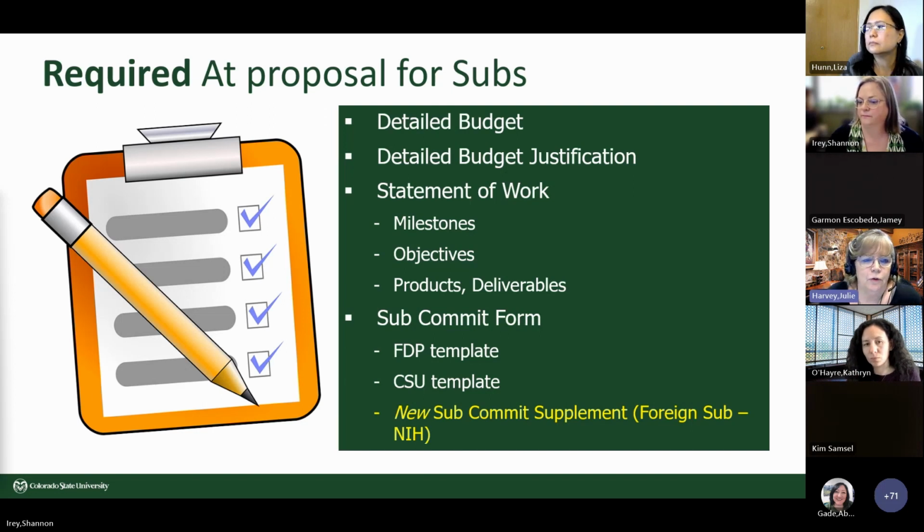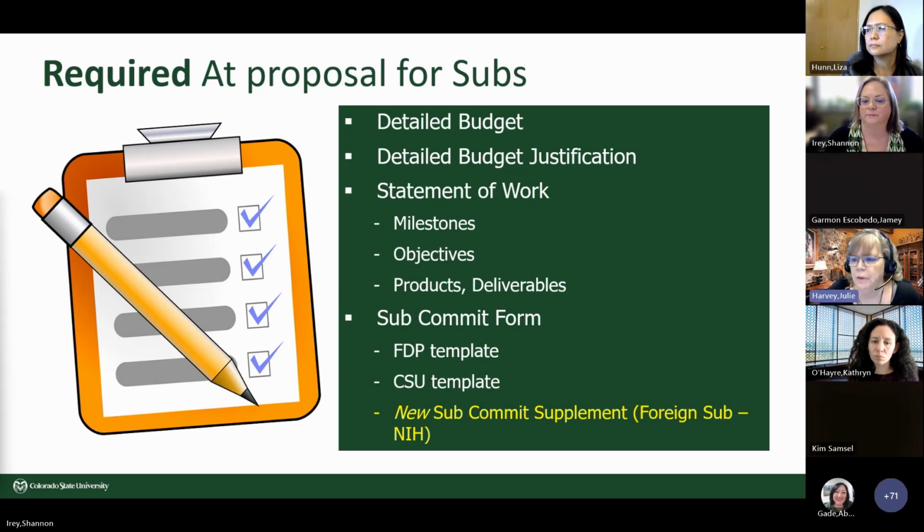Then the subcommit form, the FDP template, the CSU template, and then there's that new subcommit template for foreign subs. Any questions on that? This is breaking news, y'all. So if you're someone brand new, you have the newest information. This is going to be coming out next week, and we're going to be talking about it more at Ramround. And yay, Jenny, that's awesome.